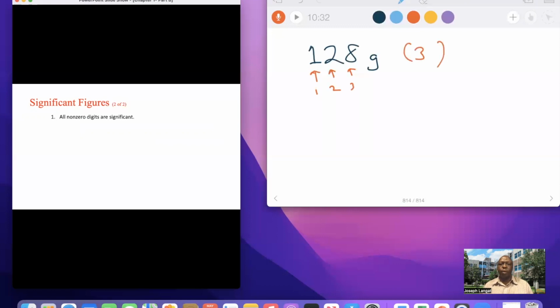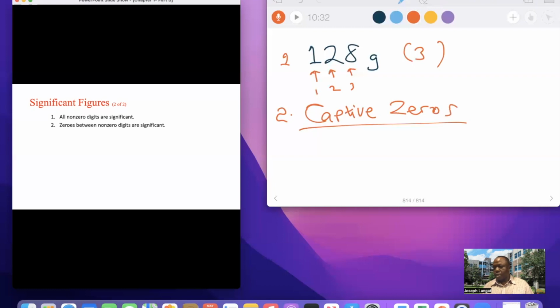I'm just using the parentheses to indicate the number of significant figures. So all non-zero digits count as significant. Now, zeros in between non-zero digits count. Sometimes we refer to them as captive zeros. Zeros in between non-zero digits.